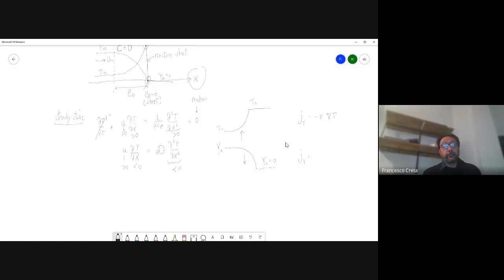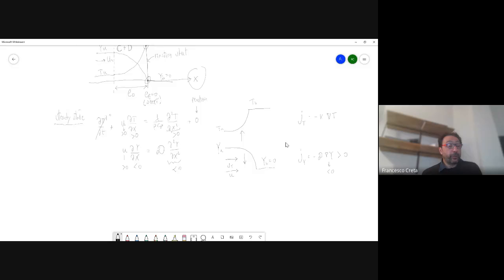In this case, for the species, we have a very similar thing with Fick's law, and it's minus a diffusivity and a gradient of species. Now, clearly, the gradient of species we said is negative, so this flux is positive, okay? So essentially we have a diffusive flux in the same direction as the velocity, so as the convective flux, okay?